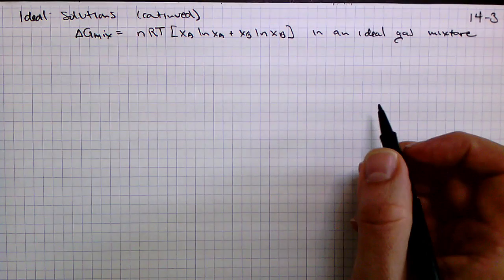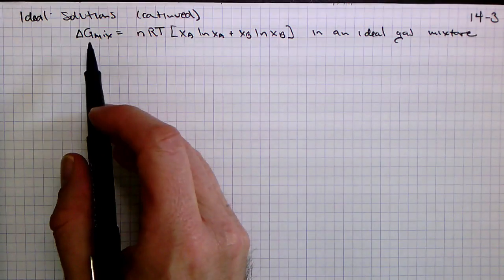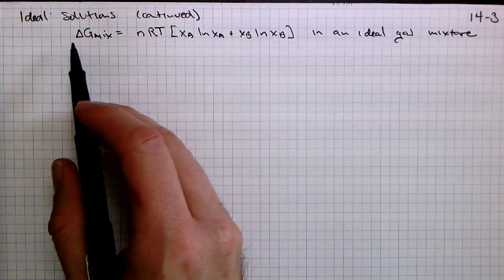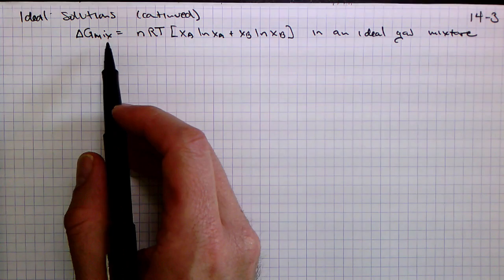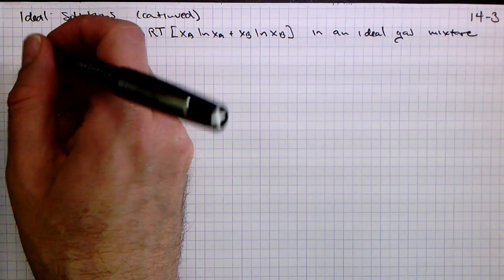Okay, so this is interesting. It tells us that we're going to have a lowering of the free energy of mixing when we mix two ideal gases. Where is this change in free energy coming from?